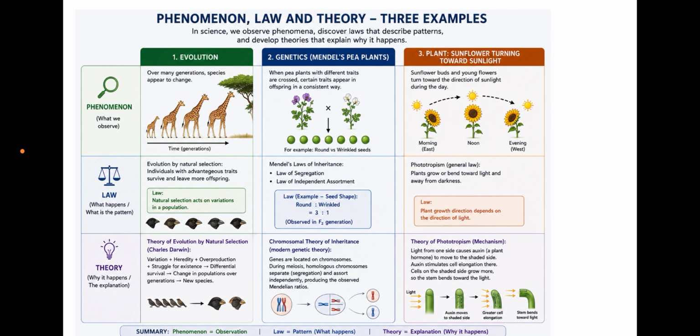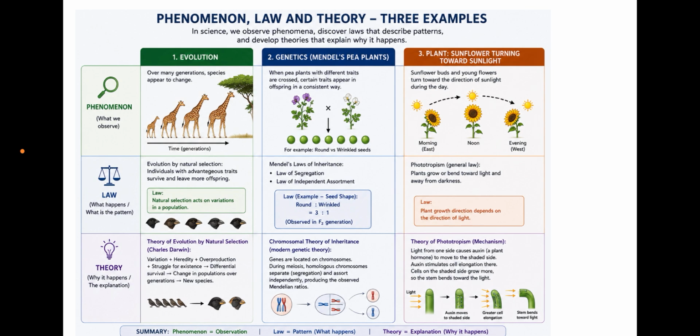Similarly, when we observe the F1 generation during the hybridization between a tall plant and a dwarf plant, we always get a tall plant. This is not observed at one particular time. When we observe it multiple times, that becomes a phenomenon.